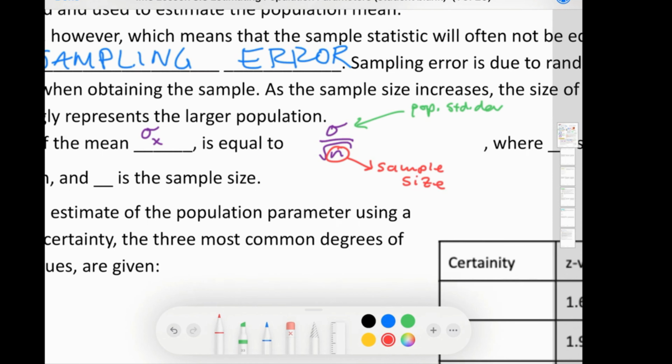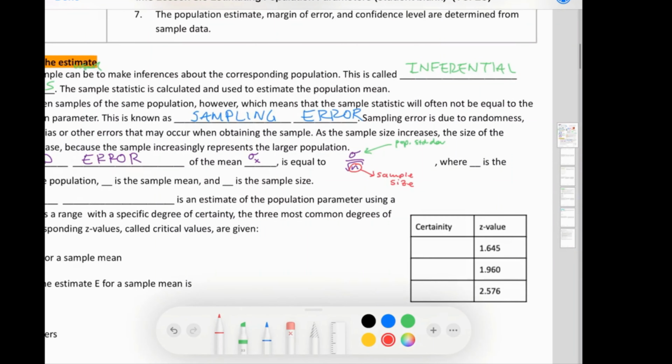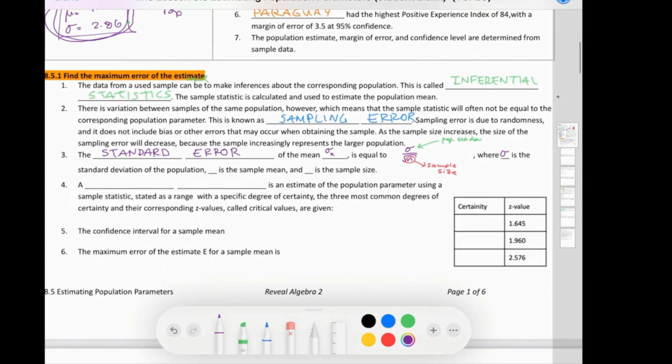So we just filled it out there. I did it in purple. So we said that sigma is the standard deviation, x bar is the sample mean, and the sample size is n.